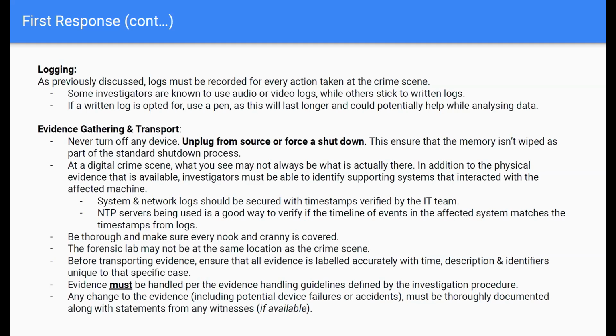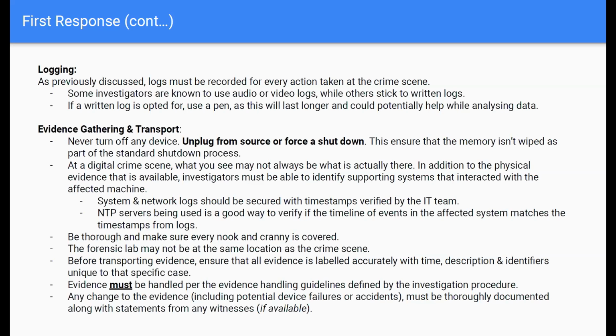This acts as supplementary or complementary information, where if the events of the log match up with the logs of the system, then obviously that furthers your case. NTP servers, which are also time servers, are also a good way to verify if the timelines of events in the affected system match the timestamps from the logs.